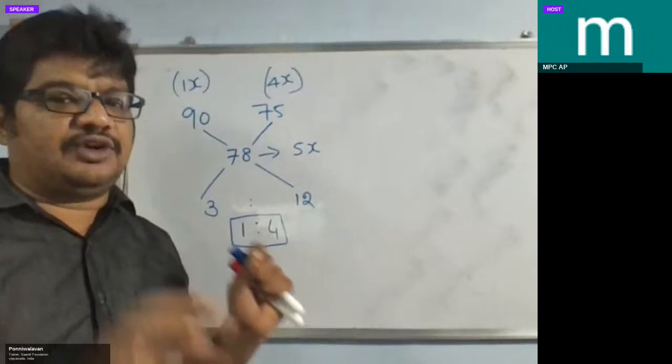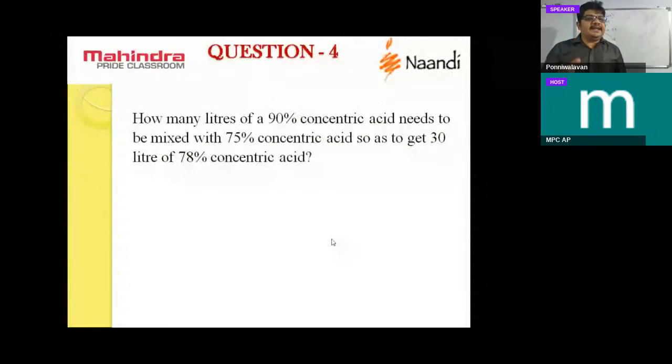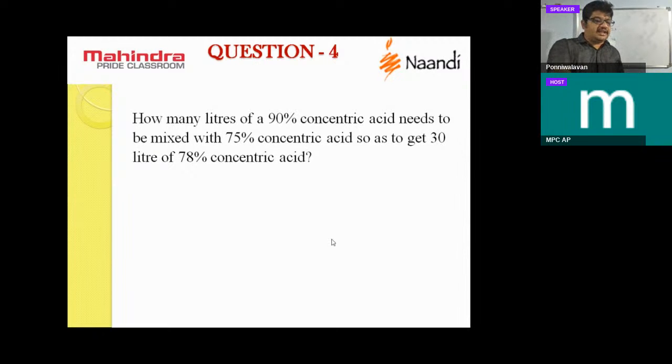How many liters of 90% concentrated acid needs to be mixed with 75% concentrated acid so as to get 30 liters of 78% concentrated acid.